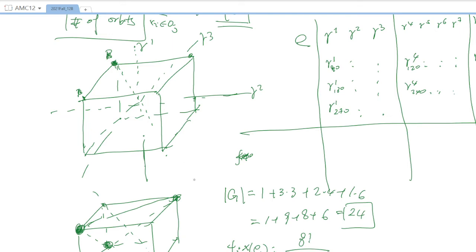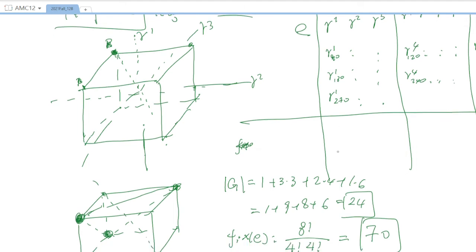But think, if I swap all the blue ones, it doesn't change. And if I swap all the white ones, it doesn't change. So this number is 70. Okay, we get the first fixed E.